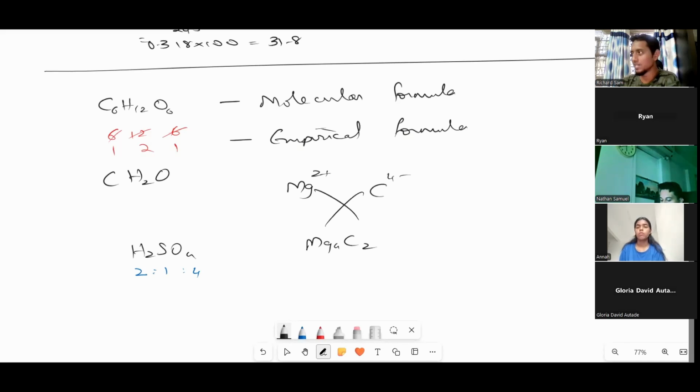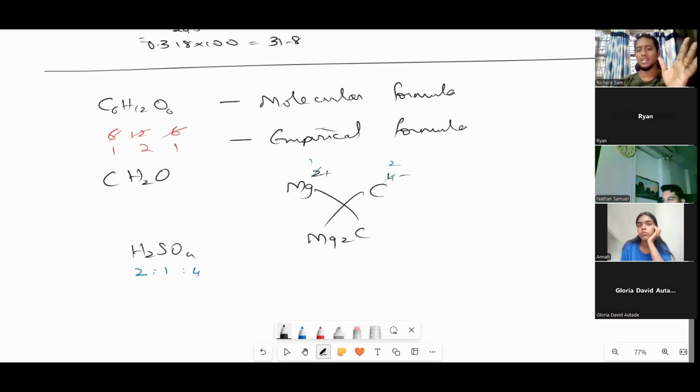This is if it was directly crisscross method, then we can cut 4 and 2 and make it smaller. But when we make the formula itself, we cut it there itself. So we write 1 and 2 and already make it into a small form. So directly it is already Mg2C1. So here the molecular formula and the empirical formula are the same.